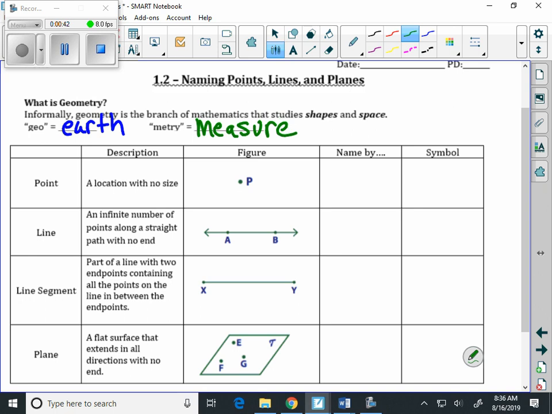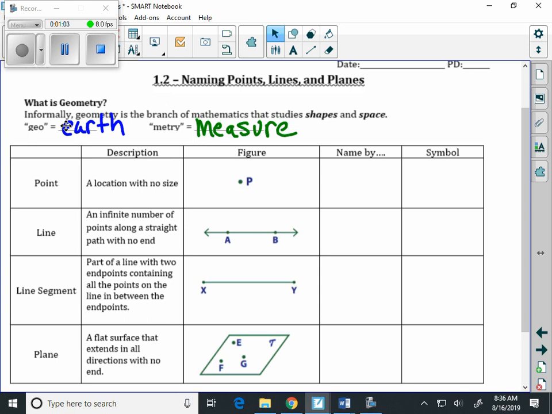I don't get too caught up in the informal definition of geometry, but sometimes I think that knowing what a prefix means in a word helps us define the word better. So I threw that out there just to know earth and measure.